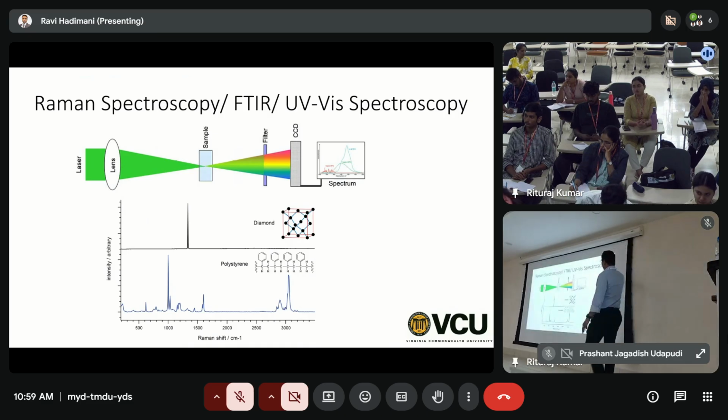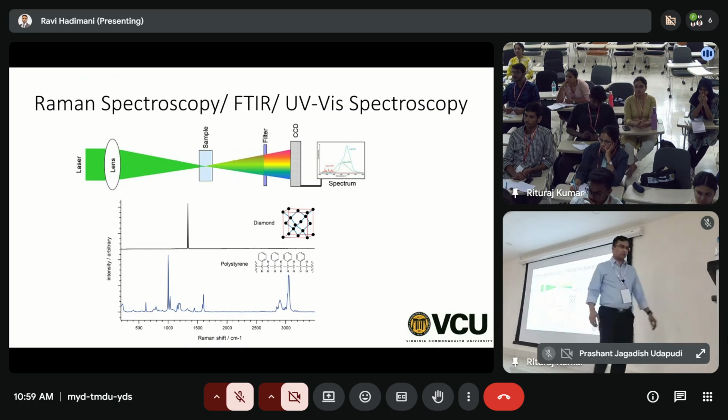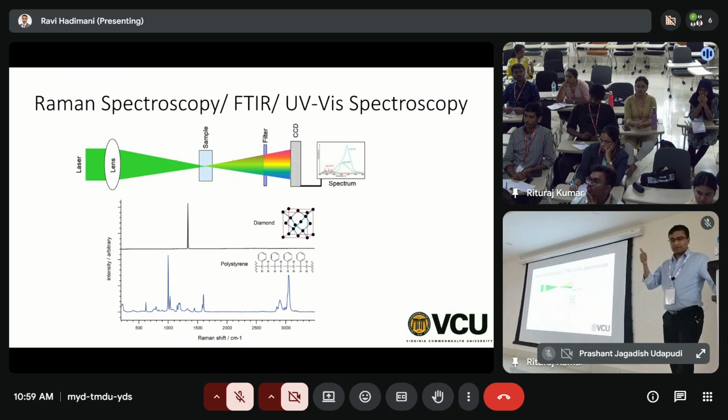You can also have UV spectroscopy or visible light spectroscopy. There are so many techniques that you can use to make sure you have the right morphology, right composition, right crystal structure, right dimension, right?